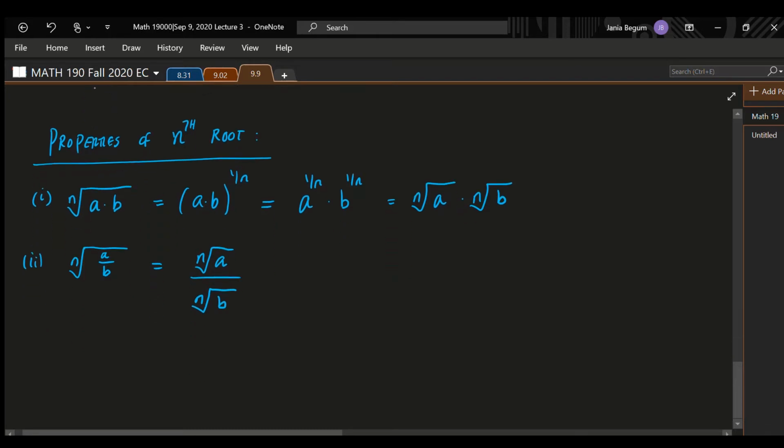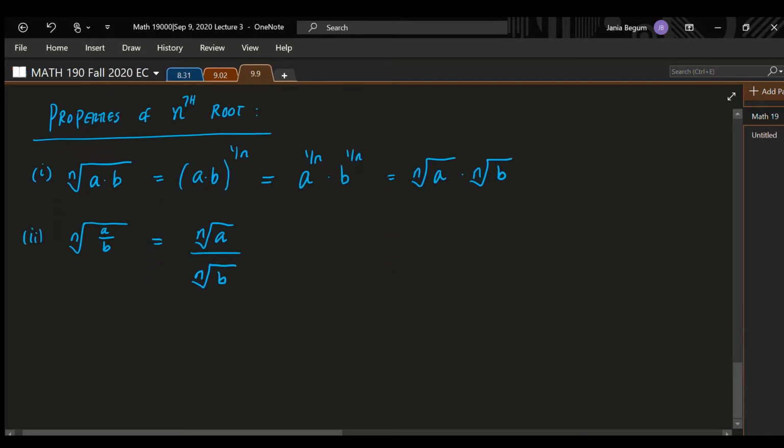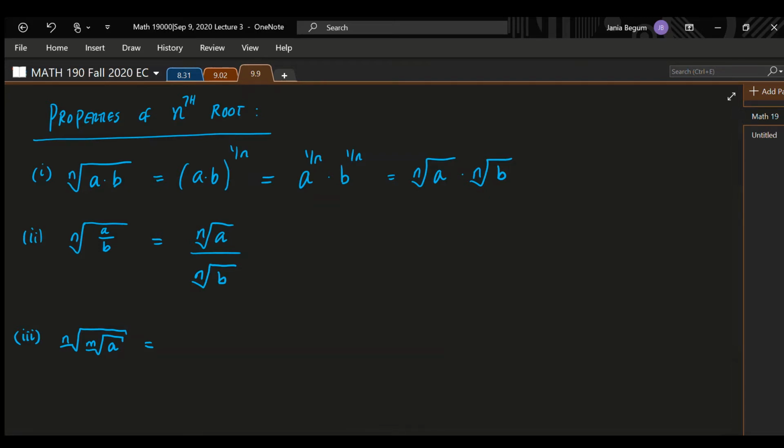And then we have the third one. If I have the nth root of the mth root of a, this looks really creepy, but we can rewrite it as an exponent and then probably simplify it.